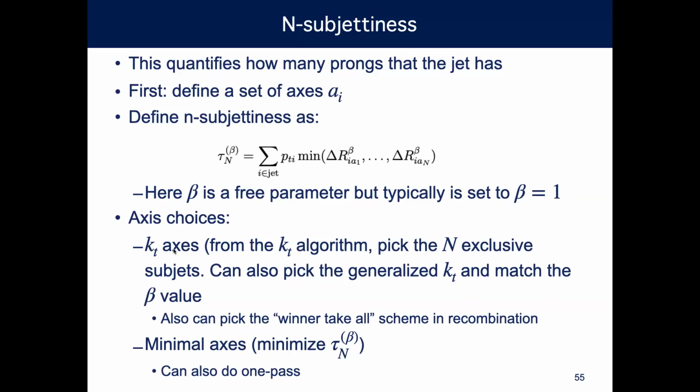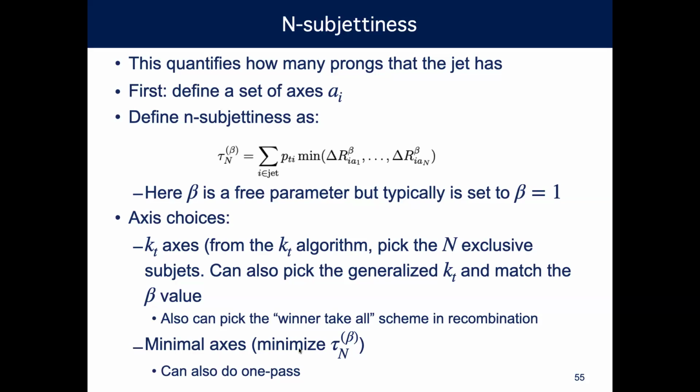So usually we use the kT algorithm and pick the n exclusive subjets to use as the axes. You can also use the generalized kT algorithm, where you can just pick a different value of beta. And you can match the power of beta that you wanted, or you can pick the so-called winner-take-all scheme, where you just pick the hardest one in the jet, and that becomes the axis.